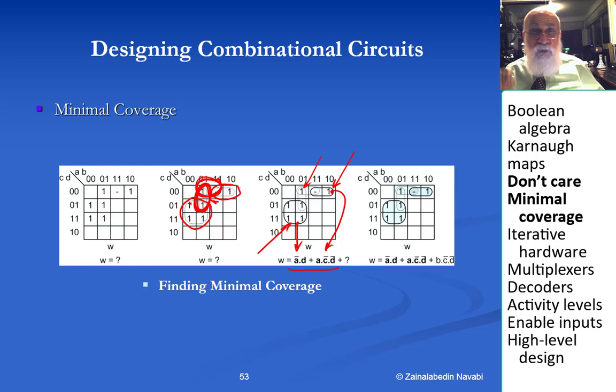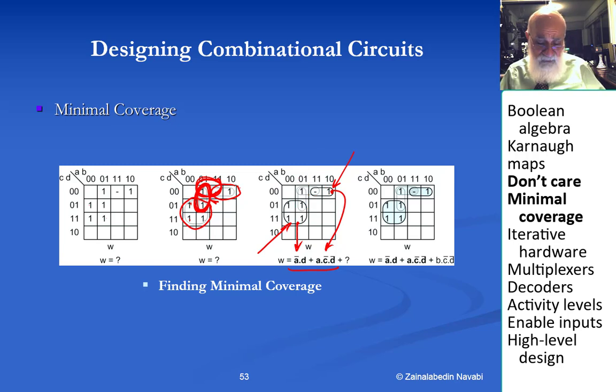I choose those prime implicants that cover the most number of uncovered mean terms. Okay? But there is only 1 uncovered mean term, and taking either this or this will cover it anyway, and therefore I can choose either one of them.